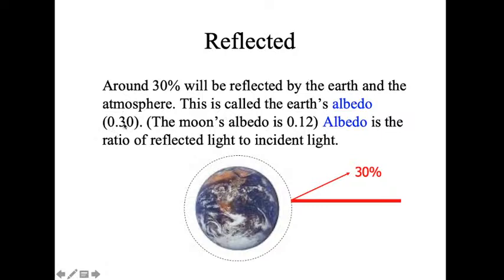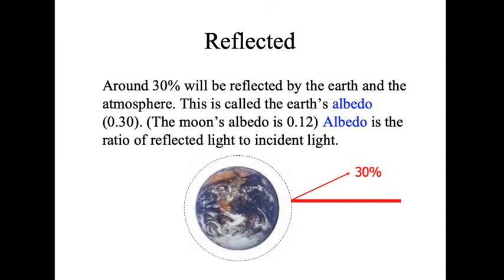Albedo will represent how much is being reflected. The moon's albedo is 0.12, representing 12% of what reaches it being reflected. So it's actually going to hold on to more of the sun's radiation than the Earth will.